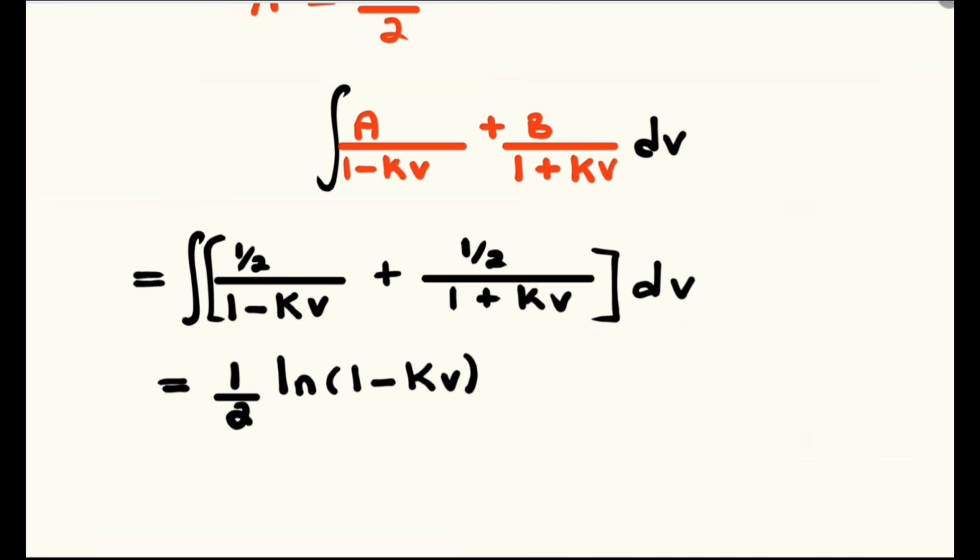If we were differentiating, we were going to multiply this by the derivative of the negative kv, which is equal to negative k, but we are integrating, so we'll divide by the negative k. Plus 1 over 2 multiplied by the integral of 1 divided by 1 plus kv, which is the ln of 1 plus kv.